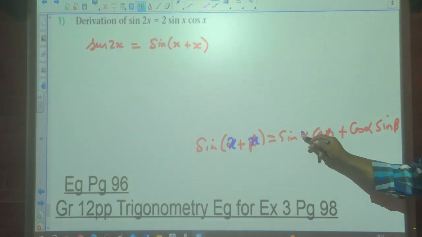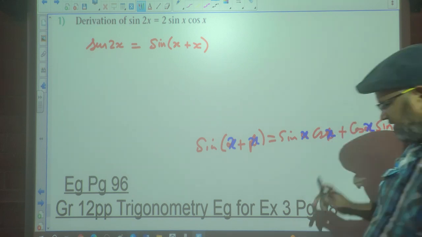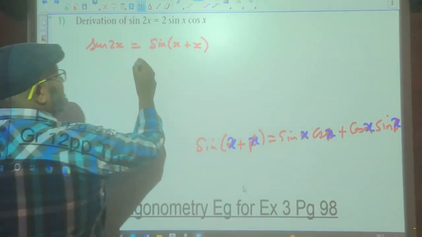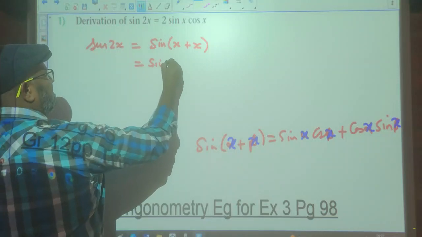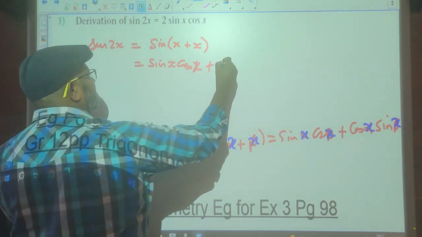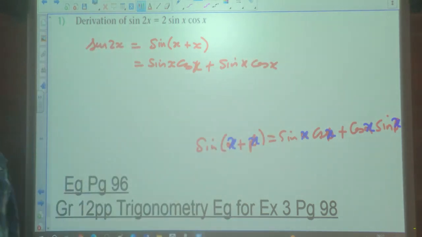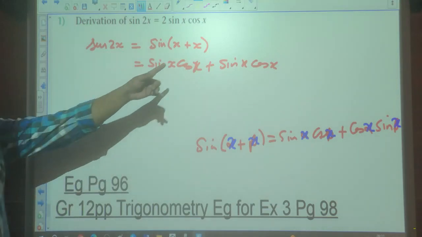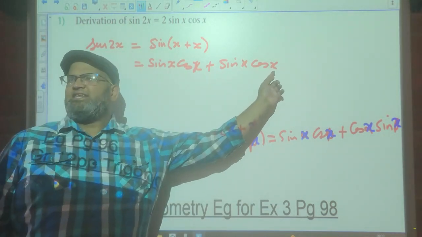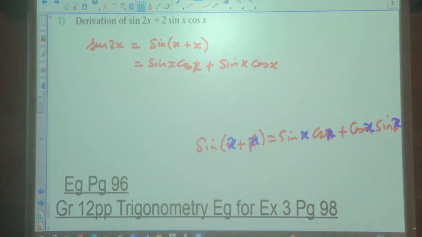Sine x cos x plus cos x sine x. So if I write that down, it becomes sine alpha cos beta plus sine beta cos alpha. You all agree with that? Sorry about that, I always mix it around, it was confusing you.